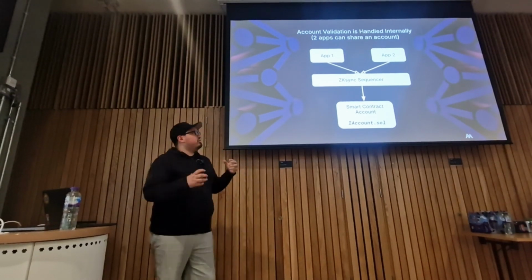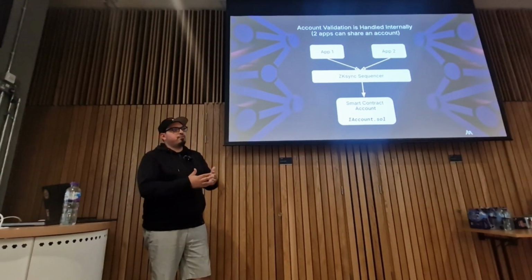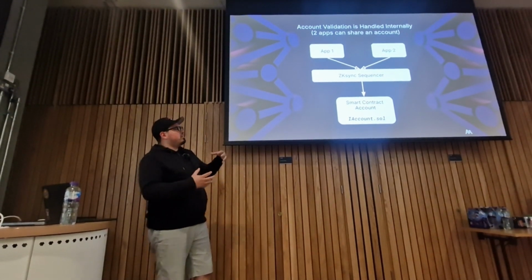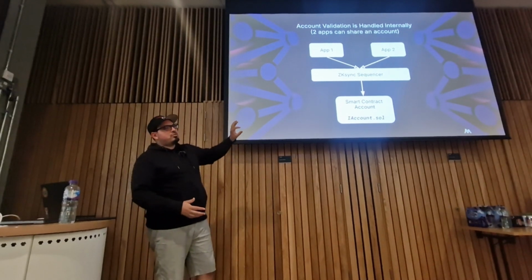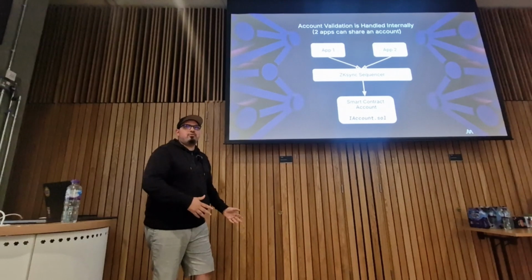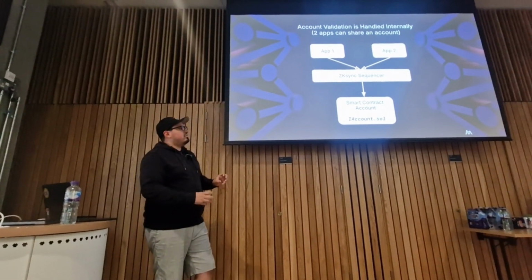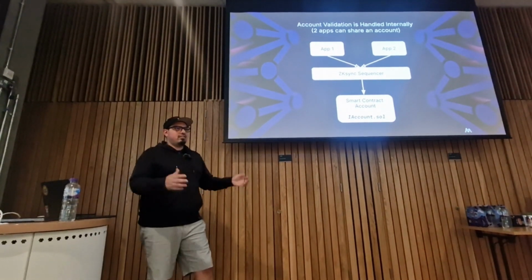So they will both understand and have full access to these smart contract accounts for free. These app developers who make apps don't have to worry about that same problem that I was talking about before with retention. It's just always available. Every account is a smart contract on ZKsync.